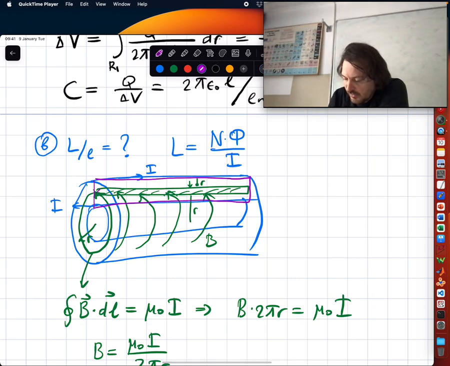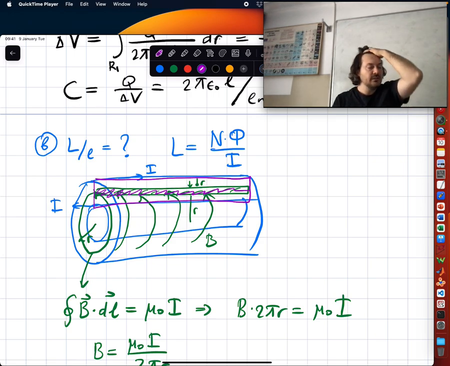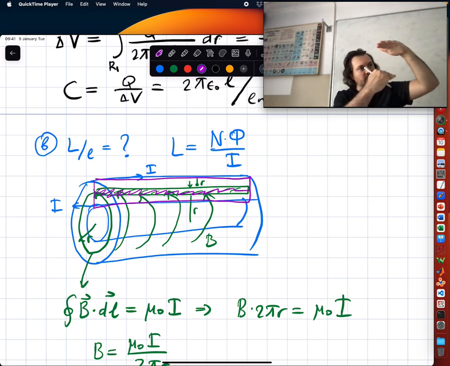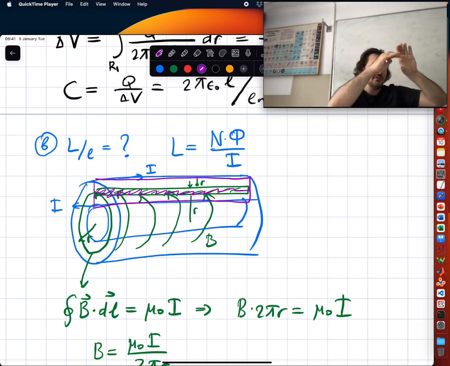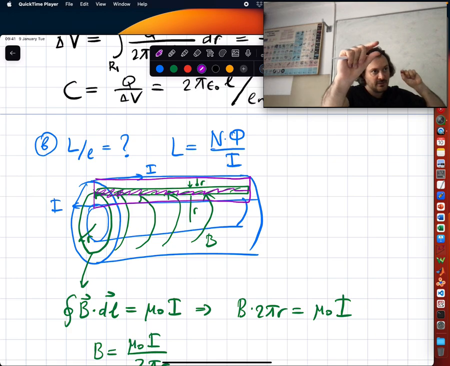And on this section of that rectangle, we are interested in flux, because as you go away from the center, the magnetic field changes. So you have a certain amount of flux here, a certain amount of flux here, a certain amount of flux here. So you integrate those small fluxes. And what you see as a section is L times dr. Okay?